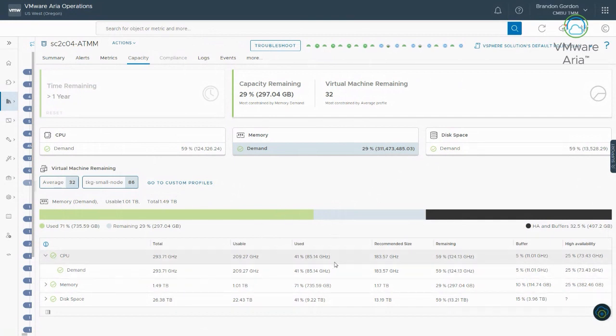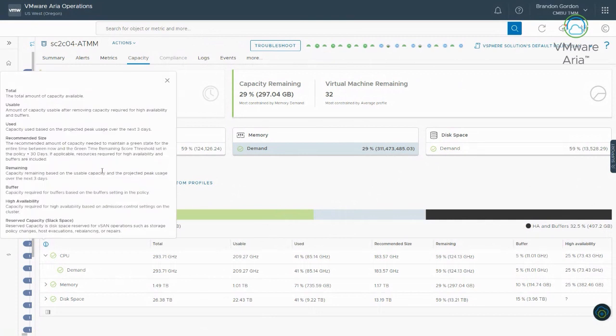The other thing to point out here is this used capacity. This is based on that 3-day projection that I was talking about for capacity remaining. So you see capacity remaining here based on a three-day projection, and it uses that same 3-day projection for the used number here. If you click on this little info icon, it gives some descriptions of all of these metrics.